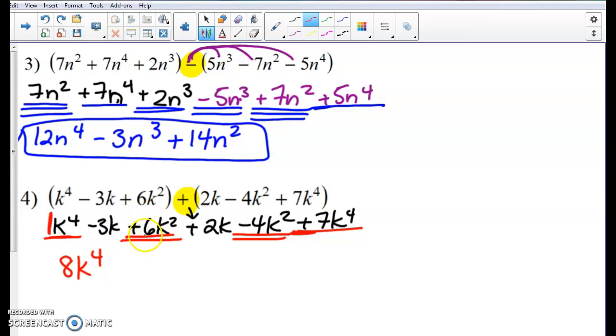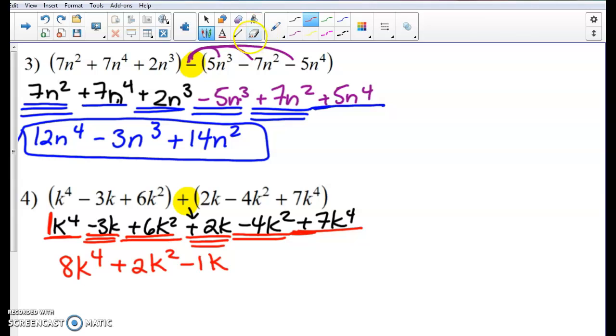So we do the coefficients again. So 6 minus 4 is positive 2. And we keep our k squared. And then our last ones are going to be a negative 3k plus 2k. So negative 3 plus 2 is negative 1, and we keep the k with it.